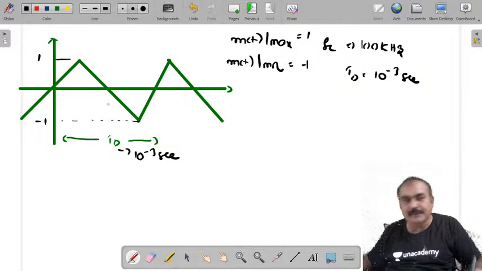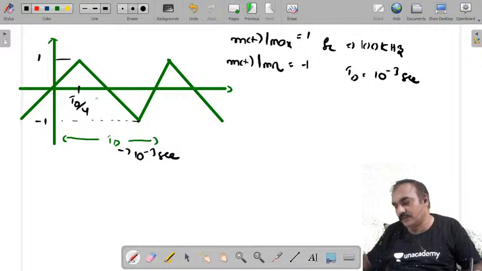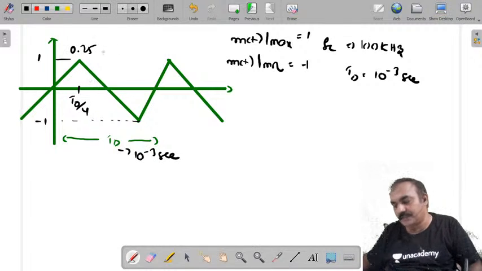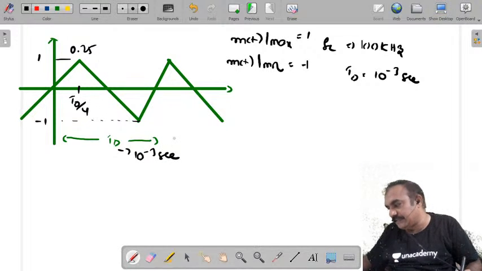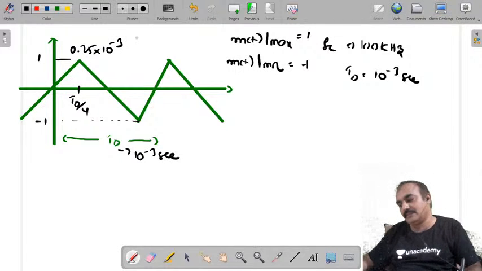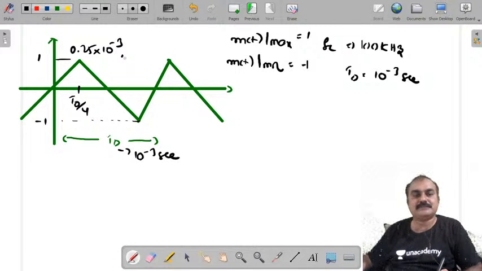Then here it is T0/2, and this becomes T0/4, which is equal to 0.25 into 10⁻³; you need to convert, since T0 is given in 10⁻³ seconds. Into this is x.